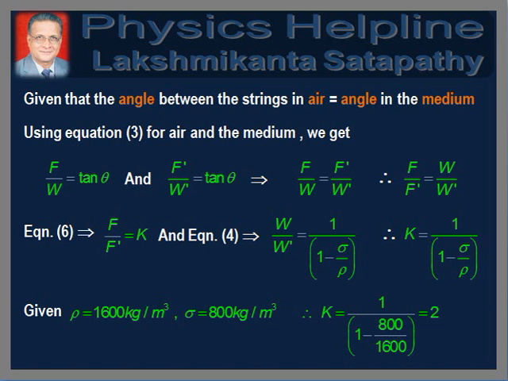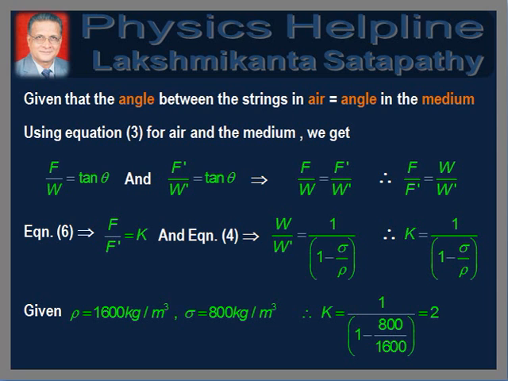This implies F by W is equal to F dash by W dash, which gives F by F dash is equal to W by W dash. From equation 6 we have F by F dash is equal to K, and equation 4 gives W by W dash is equal to 1 divided by 1 minus sigma by rho. Therefore, K is equal to 1 divided by 1 minus sigma by rho.